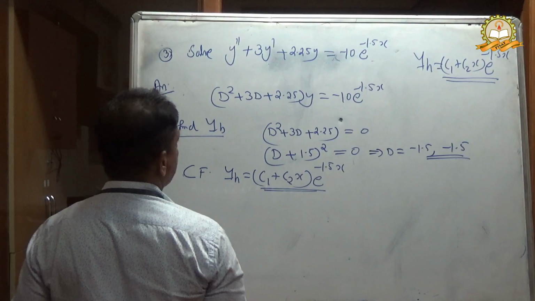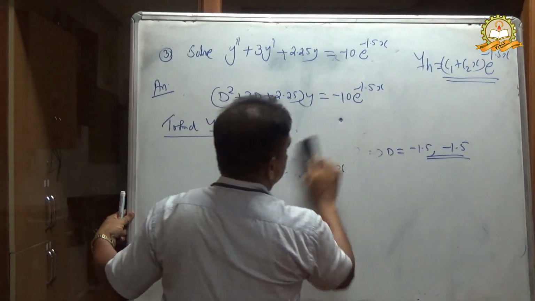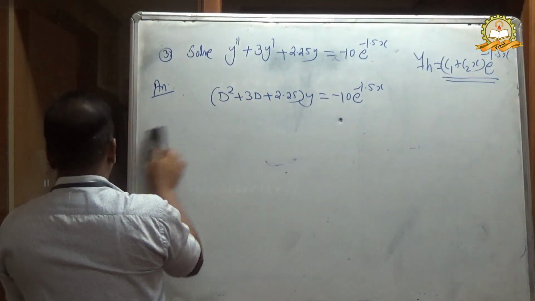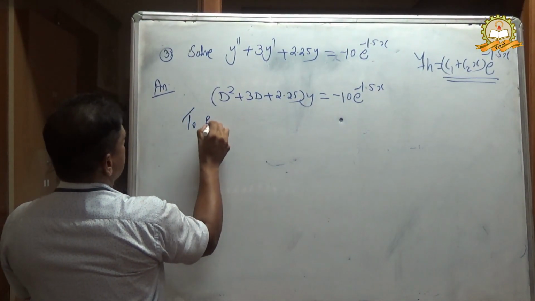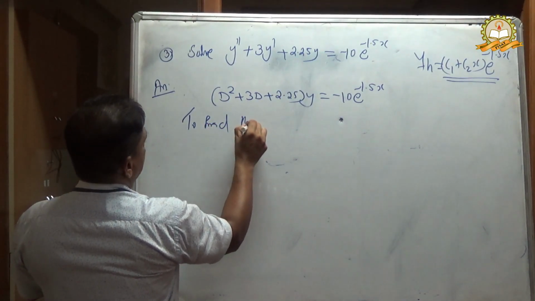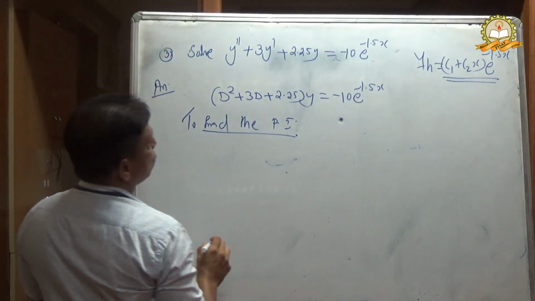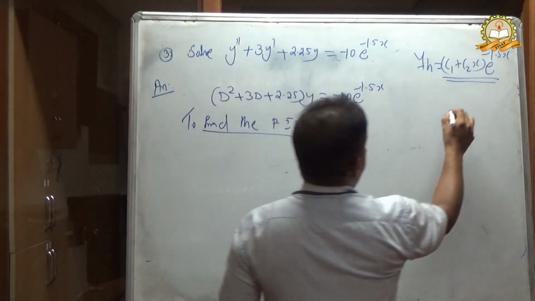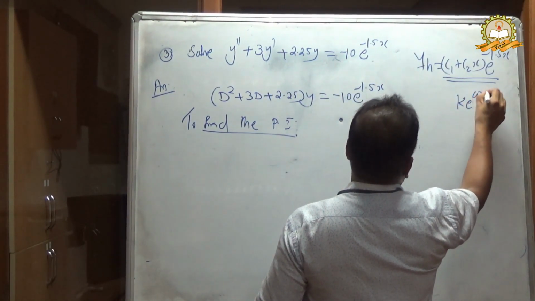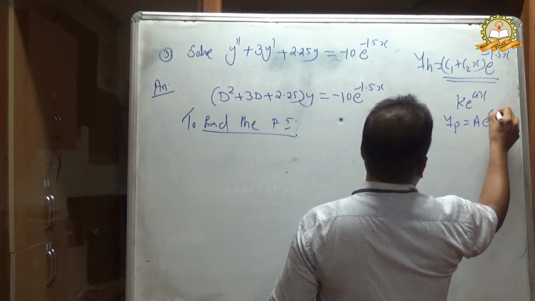Next, we have to find the particular integral. For that, here the right hand side is k into e raised to x. Therefore, yp is assumed as a into e raised to x.